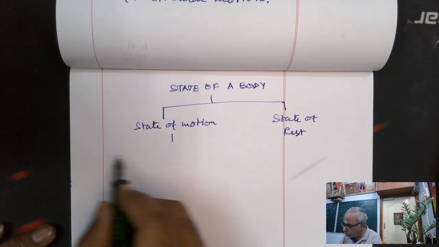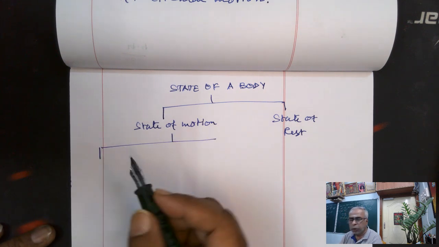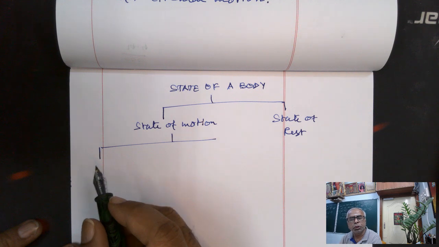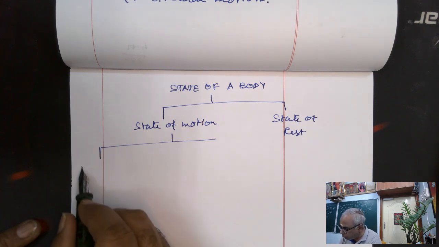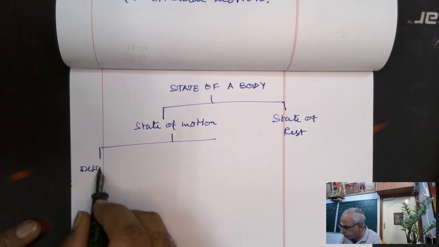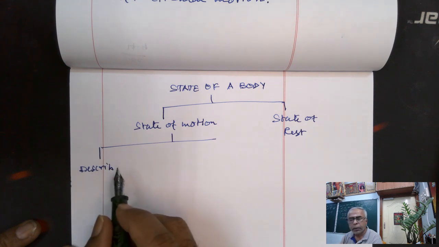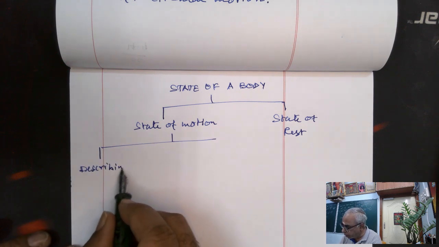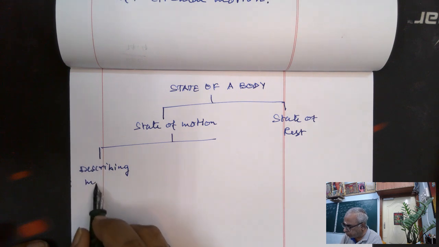Under state of motion, when I say motion, we should have a proper definition of motion, is it not? So we have to describe the type of motion. Describing motion.